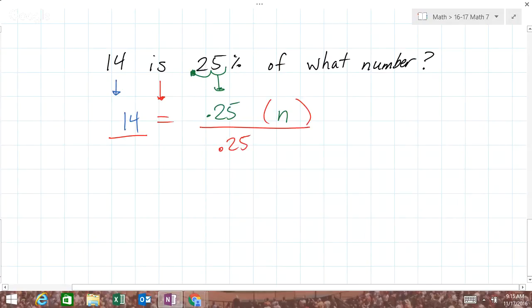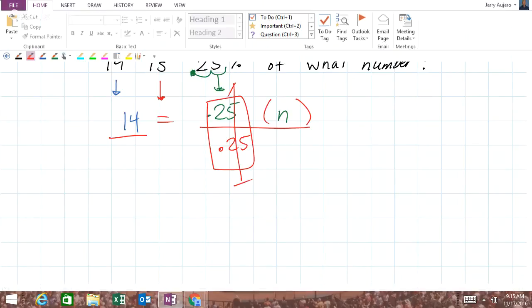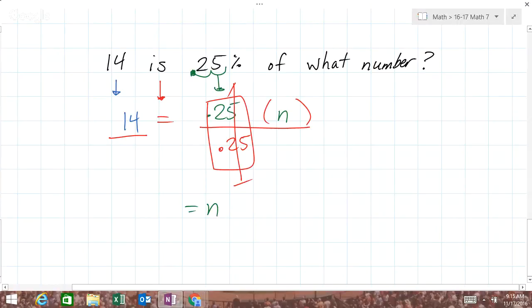So we always look to the variable side. The variable side always tells us what to do. Does that make sense? Always go to the variable side because that's what we're solving for. Now notice when we divide by 25 hundredths, what do we get? We get our giant 1. So that's just 1 n now. So we get n equals, but we have to do whatever we do to one side, we have to do to the other. So here we go.